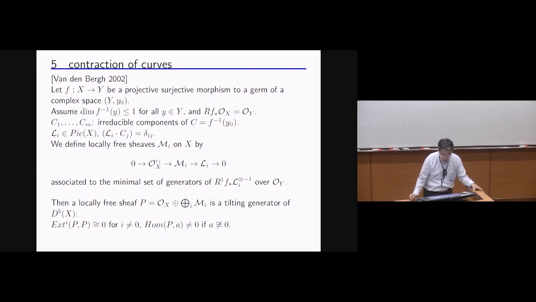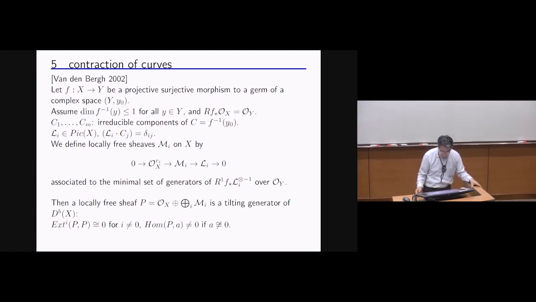So in order to kill the higher direct image, one considers this extension. If you have R^1 f_* of Li inverse, then you get an extension like this, and you take a minimum number Ri which is sufficient to kill all the higher direct image sheaves.